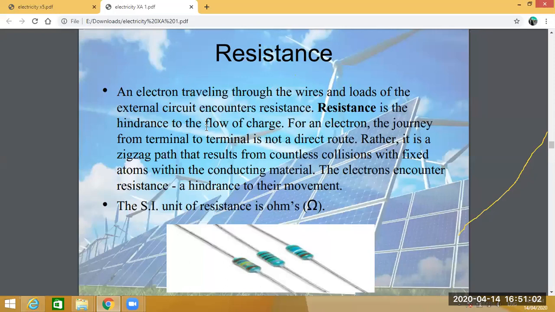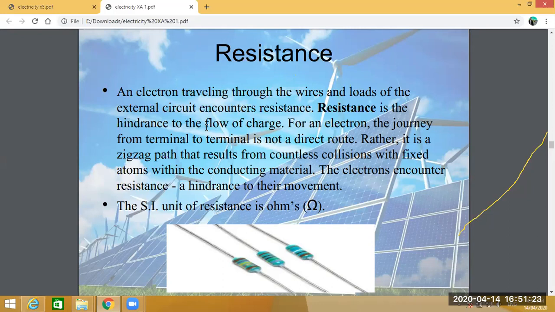So try to understand, for an electron, the journey from one terminal of the conductor to the other is not a direct route, rather it is a zigzag path, and that results from countless collisions with fixed atoms within the conducting material.